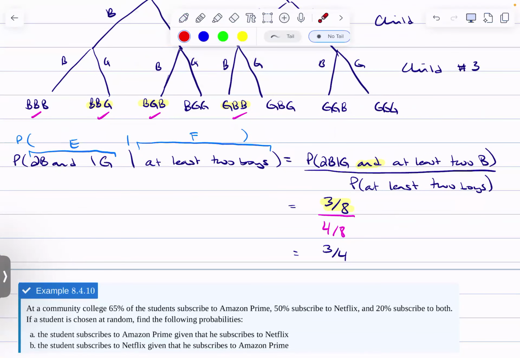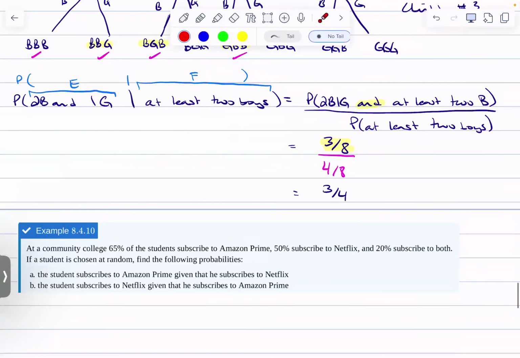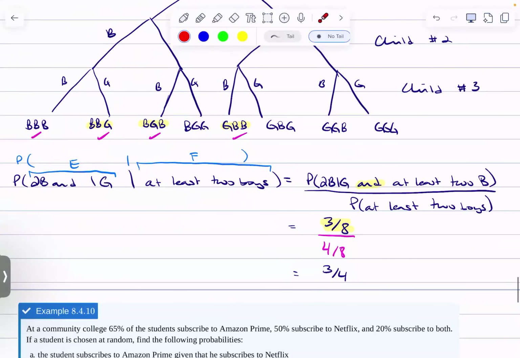Which, if we look at our highlights versus our pink check marks, I know, no rhyme or reason here, but I have 3 out of the 4 that satisfy that criteria. So you could have found it with just the tree if you wanted. Nice. Any questions about that one? That one's kind of big.